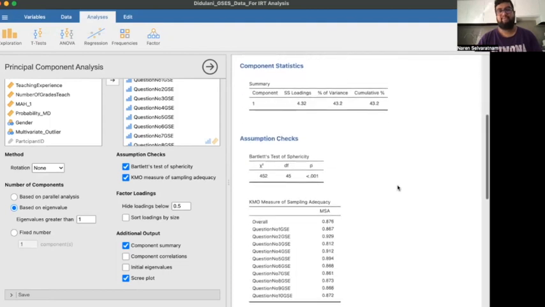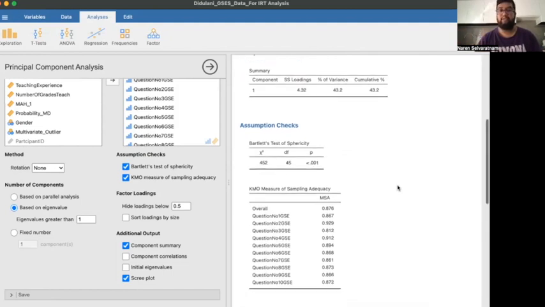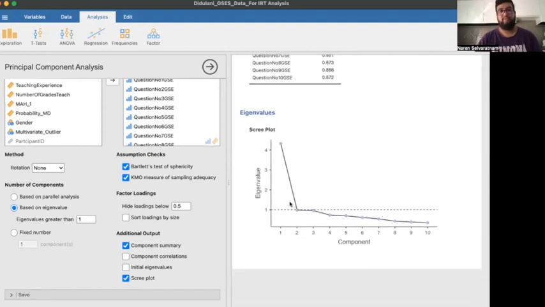Now, in this case, the component has failed to retain 3 or more items under it. So because of that, I'm going to confirm that this is a unidimensional solution because this is our significant factor. So all the 10 items measure self-efficacy.